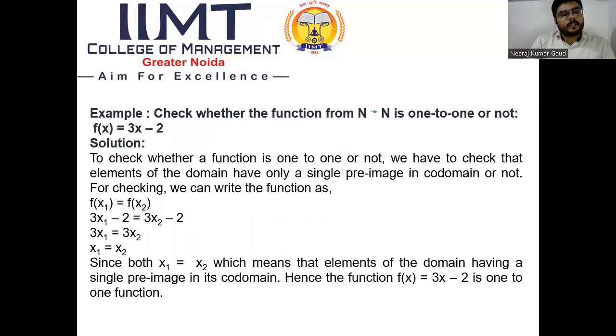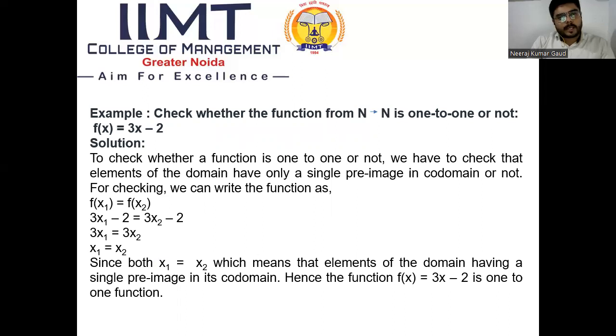Now, check whether the function from natural numbers to natural numbers is 1 to 1 or not. We have defined a function f(x) = 3x - 2. In order to check whether the function is 1-1 or not, we have to consider an algorithm. We take f(x1) equal to f(x2).